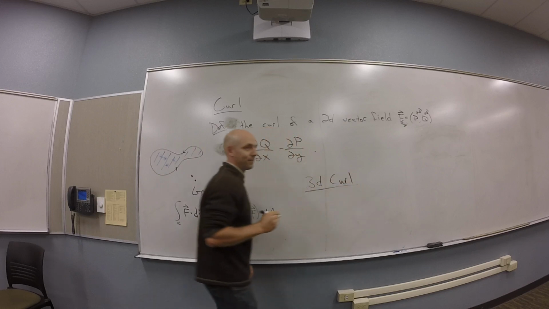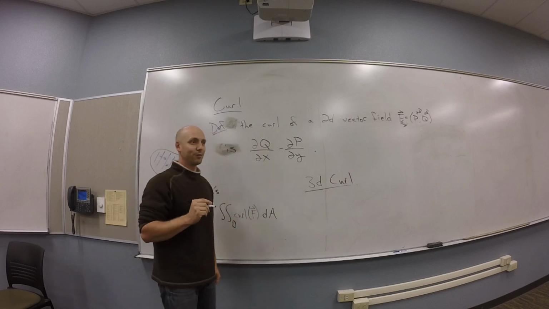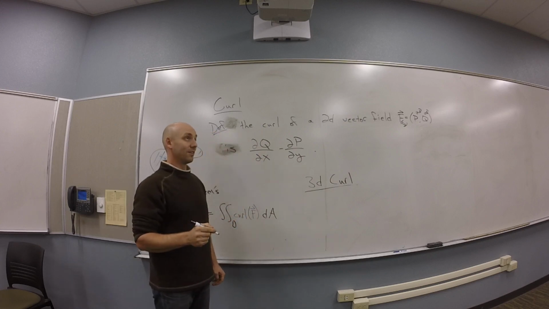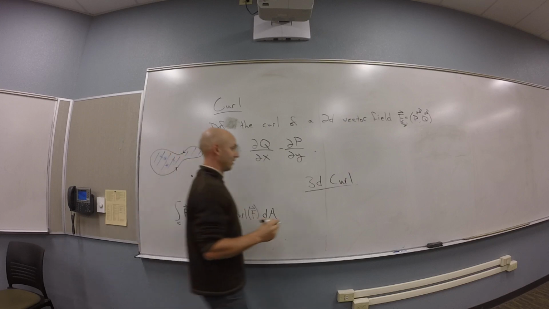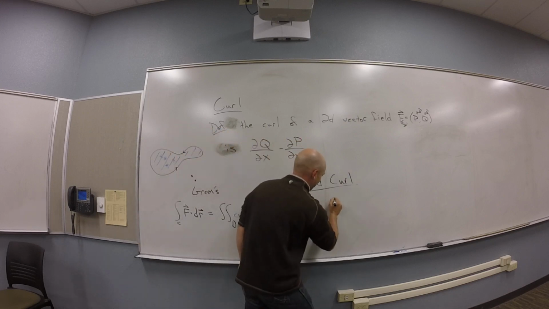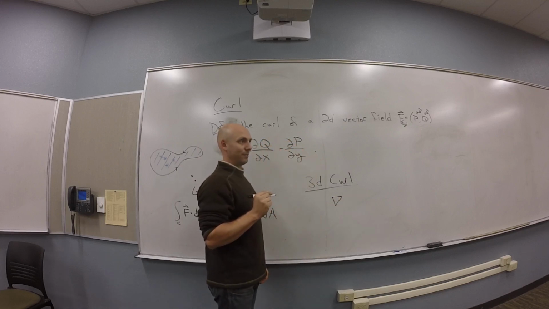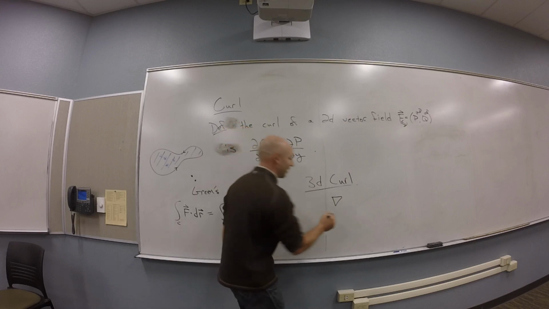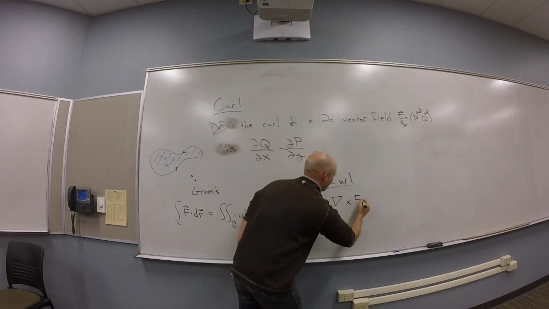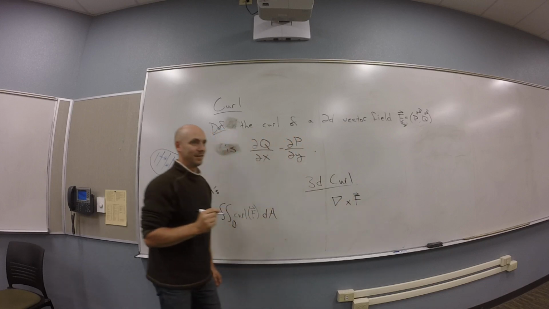The way you get 3D curl is you take this vector, which isn't actually a vector. I'm taking the idea of a gradient, and I'm going to cross it with the vector field that I'm looking at.